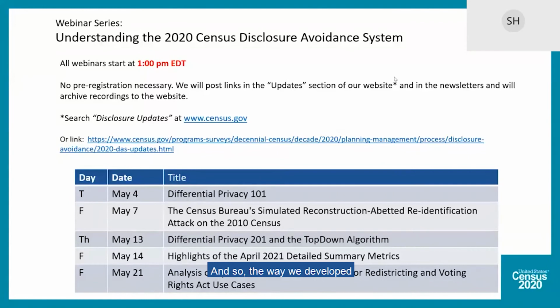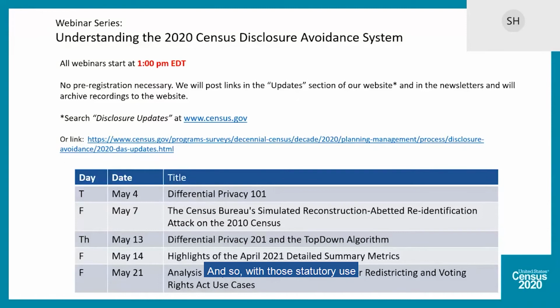And so the way we developed that for the tuning runs that we were doing was to start with the primary use cases for the PL94-171 redistricting data. And that's for the purposes of redistricting and for enforcement of the Voting Rights Act.